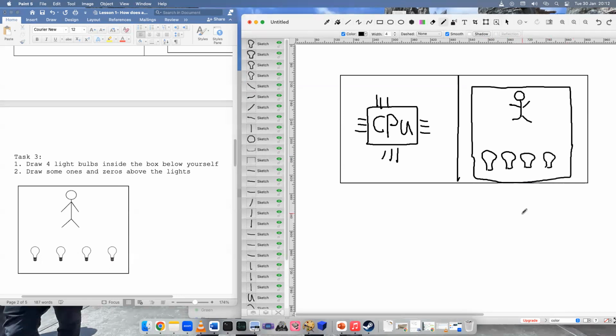Not the best looking ones, kind of look like some mushrooms. Okay. Next, I want you to draw some 1s and 0s above those. It doesn't matter how many. Let's do 1, then 0, then 1, then 0. So we are talking to these light bulbs over here. We're telling them when they should be on and when they should be off. Okay, let's go to the next task.